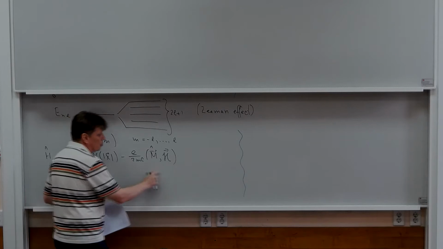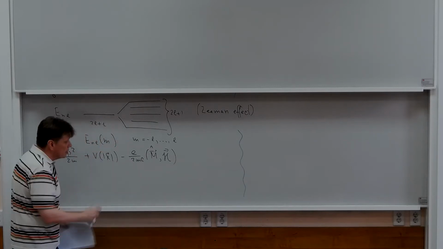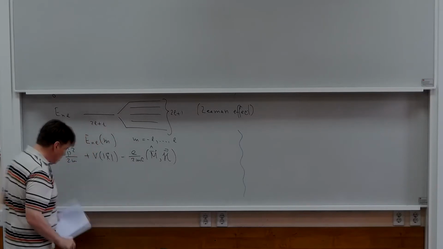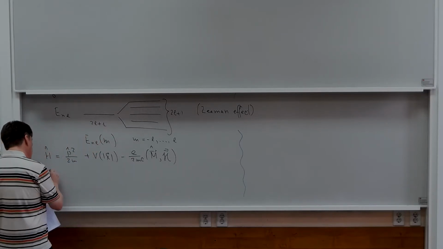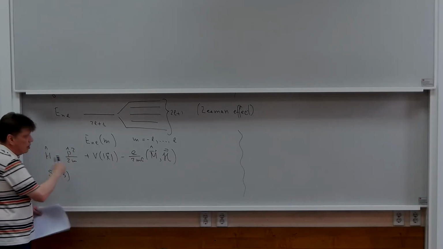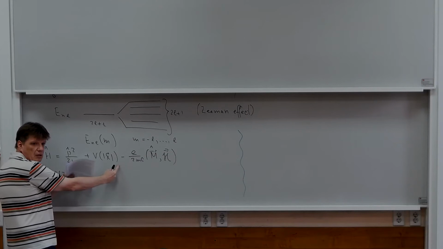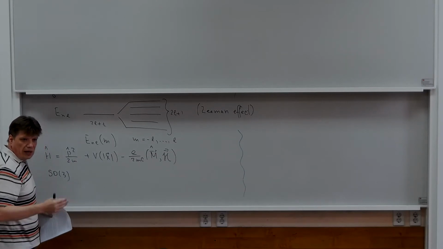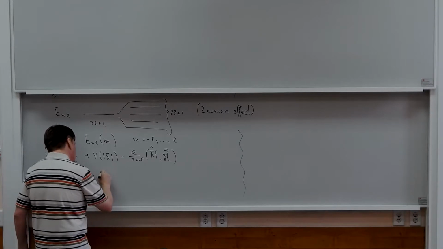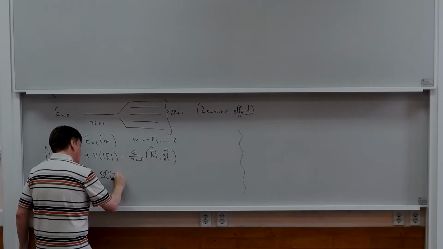By adding the last term, that is, switching on the external magnetic field, we break the rotational symmetry, SO(3) symmetry, of the initial Hamiltonian to axial symmetry. We diminish the symmetry to SO(2).